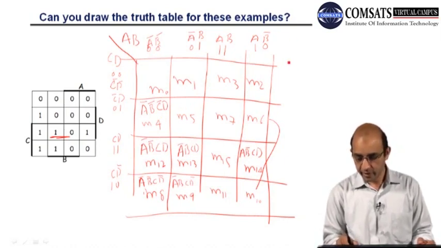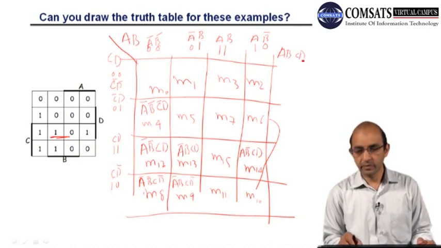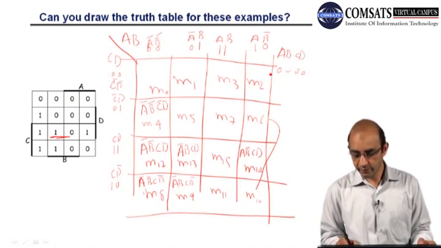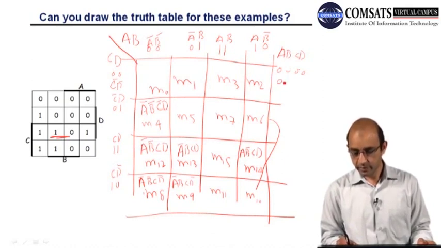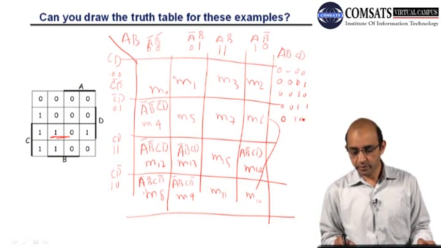So here, if I want to have a truth table, what I can do is start from 0, 0, 0, and then I will have 0, 0, 1, 0, 1, 0, 0, 1, 1, so 0, 1, 0, 0, and then 1, 0, 1, then 1, 1, 0, and then 1, 1, 1.